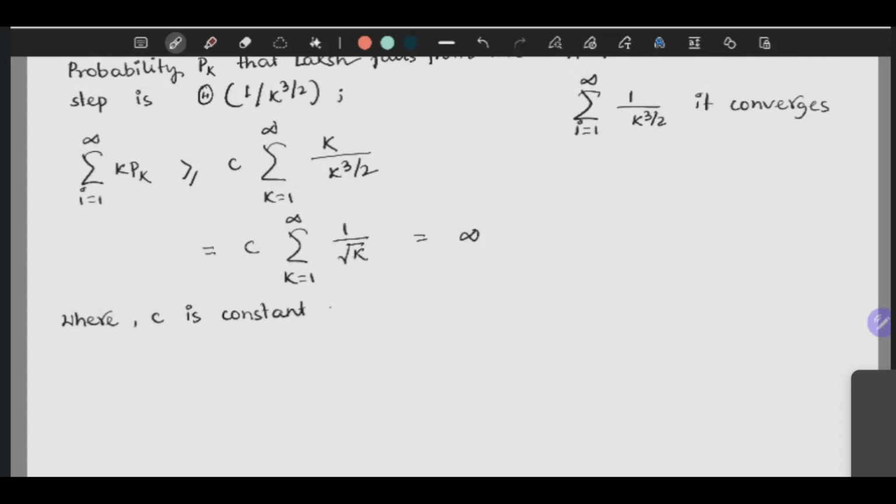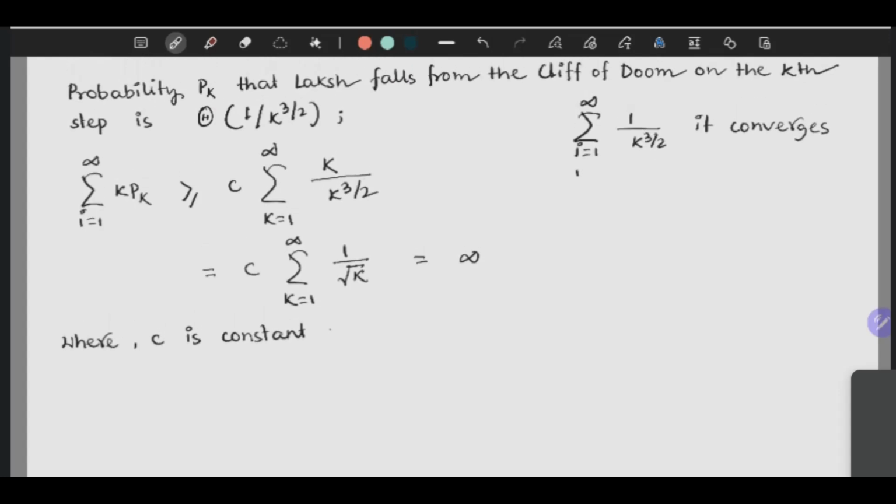So from here you can say that the probability, which is the summation of this thing, converges, but its expectation value is sort of blowing up. Okay, so that's sort of telling our answer. It can happen that the probability of falling off these edges is finite, but the expectancy may be more than that.